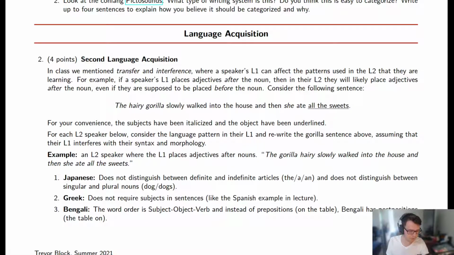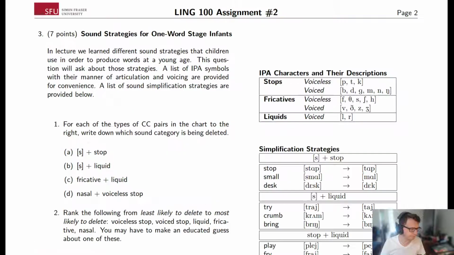So I try to give you examples and I highlight what subjects are in the original sentence, underline what objects are, and try to make things clear. So that way, even if you're not super comfortable with the terms, you can still work with the examples and manipulate the sentences. So if you have questions about these, please email me. This question is not supposed to be super difficult. This is supposed to be an illustration of what happens in the real world. So please do ask if there's any confusing terms here.